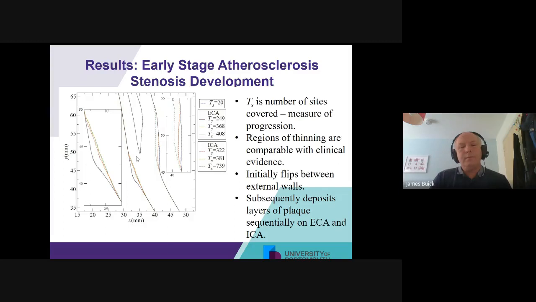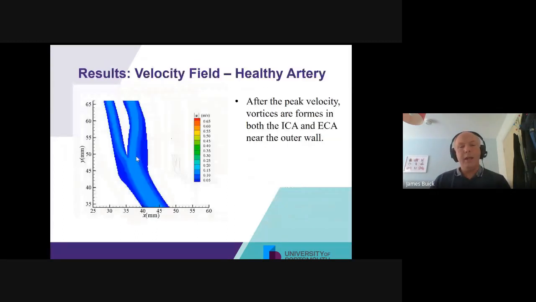With the external, the first layer of plaque is by far the largest. After that, there are just thin layers added on top. On the other side, with these different layers, we're extending further and further downstream through the artery. So that's what the plaque looks like.